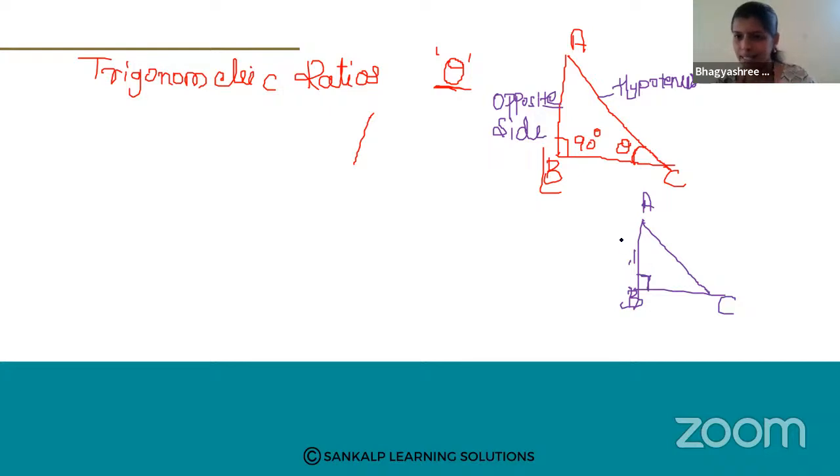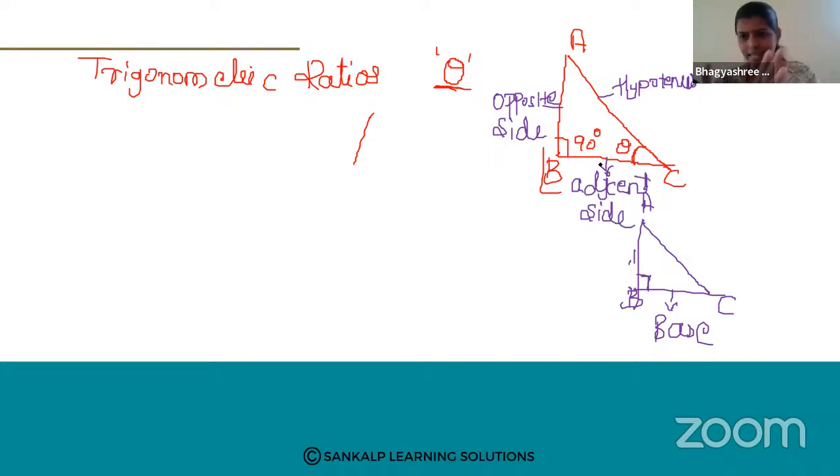Angle B is 90 degree. So in general, we call this side the base. Here in trigonometry, we call this base the adjacent side, right? So this is the adjacent side.